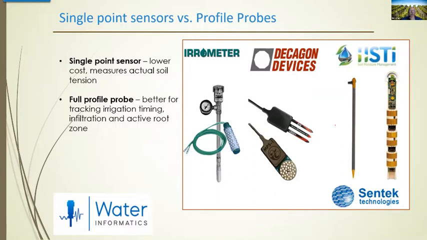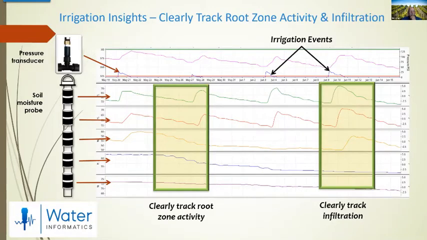Syntec came up with a system where basically we bored a hole through the plastic casing, pounded the casing in, and then slipped that old school capacitance probe in, and they really worked really well. I'll get to the next slide and I'll show you kind of what that looks like. So you can see there again, that's a full profile probe. The top one's doing the first foot, the second sensor's doing the second foot, third, fourth, and fifth, obviously, right?